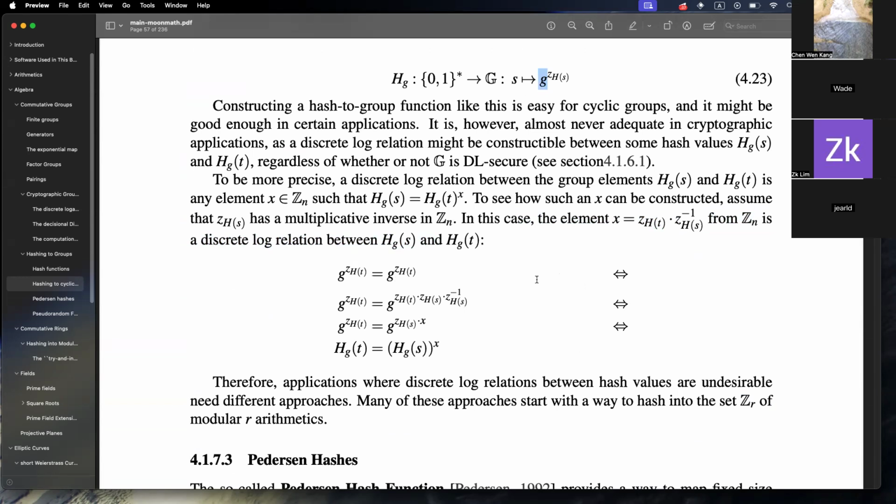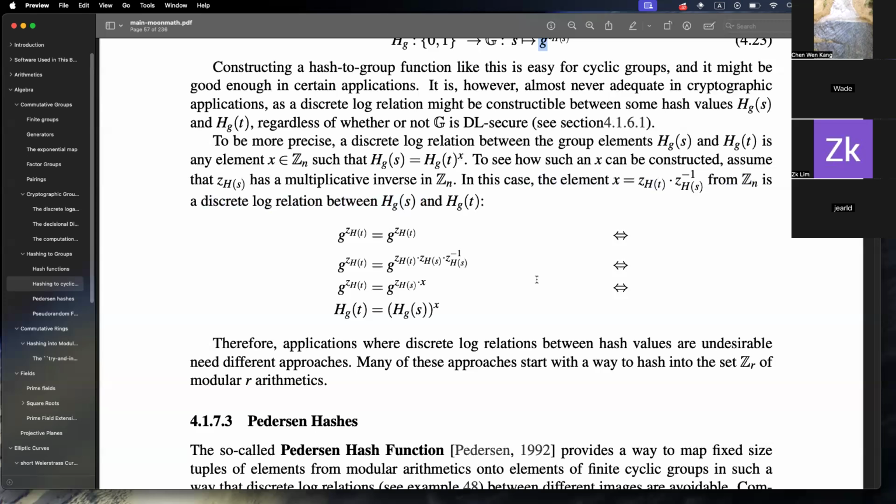You don't want that because you can use that information to kind of help you break, not break, but you can use it to do some shady stuff and try to figure out what is actually being hashed.